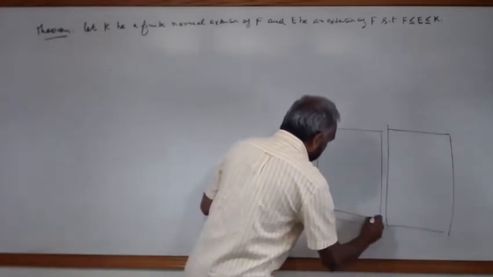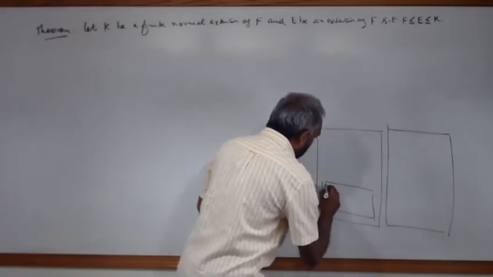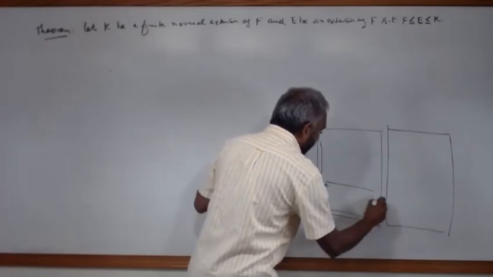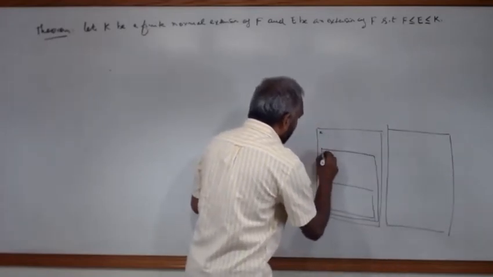This is our F, this is K, and there is an extension here in between, and that is E.